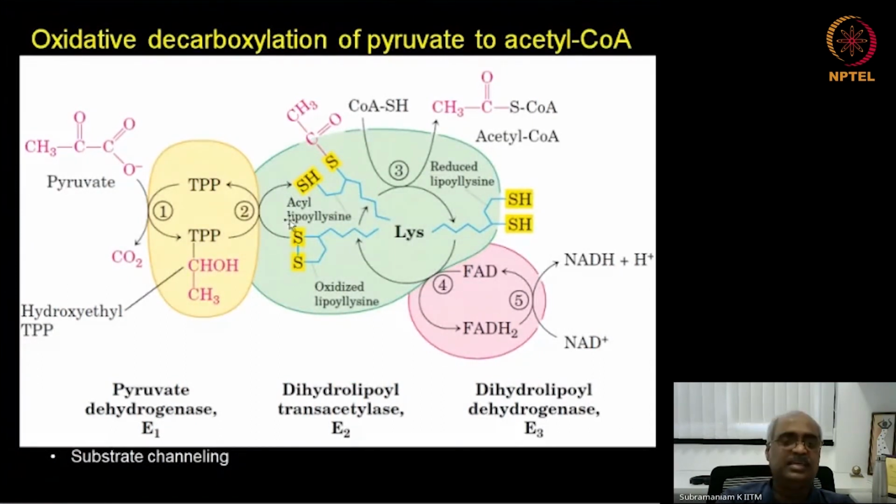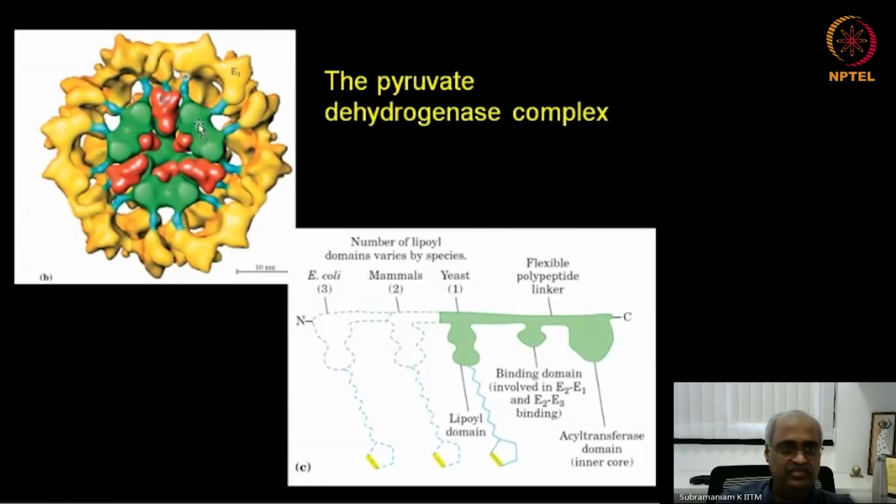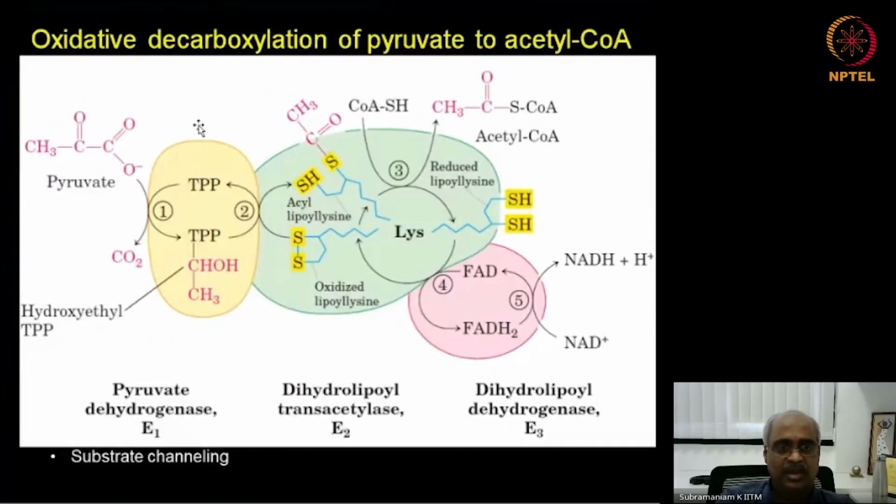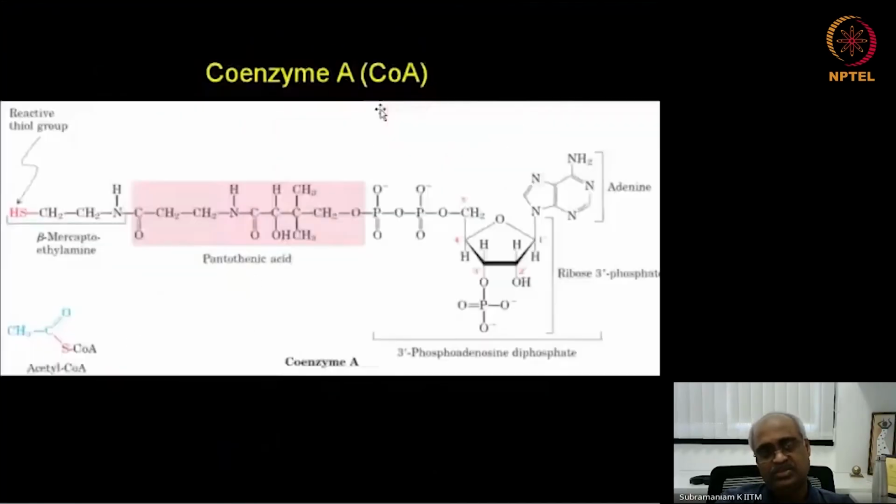So this is done by the second enzyme, which is this huge complex, that 60 subunit, this green stuff, and that is the dihydrolipoyl transacetylase. Transacetylase because it takes the acetyl group from here, and then in the next step it is transferred to coenzyme A. So remember this coenzyme A we just saw here.